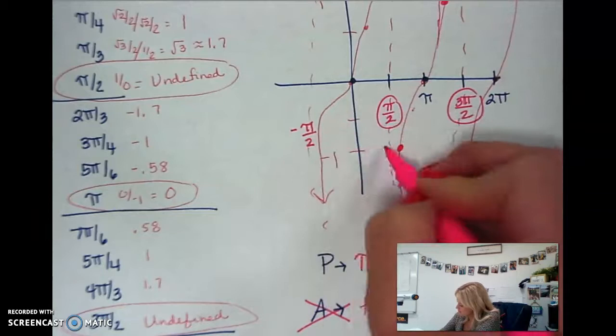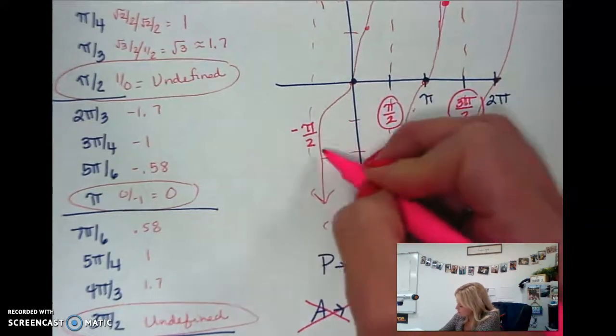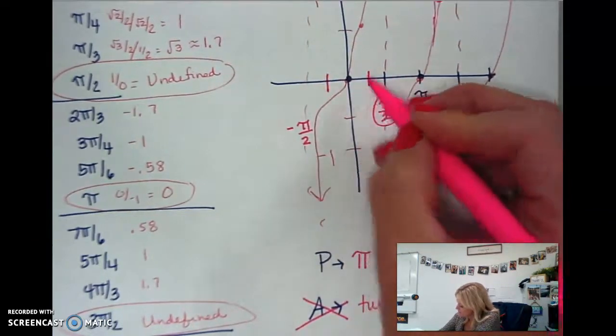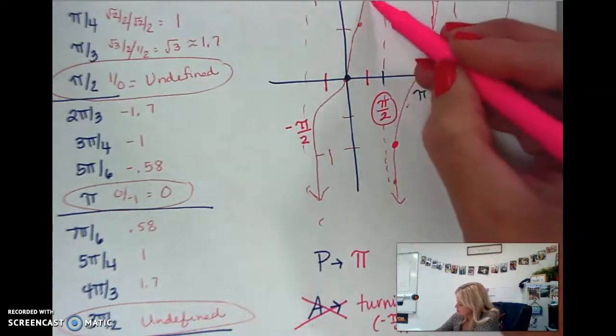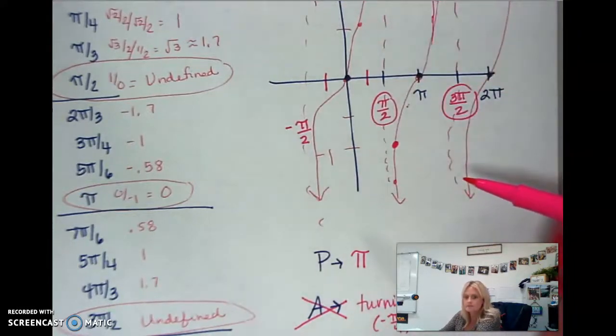So again, my period is still a pi long, but my turning points happen then halfway. So it happens at -1/4 of a pi, -1, and +1/4 of a pi, +1. These are now my big turning points.